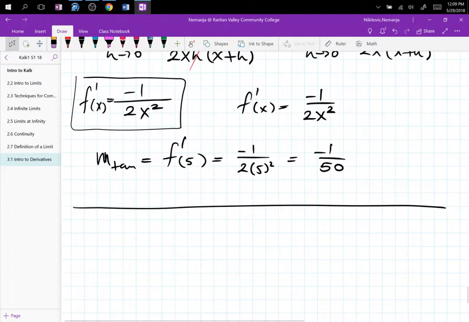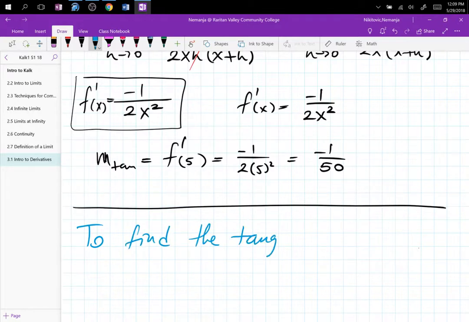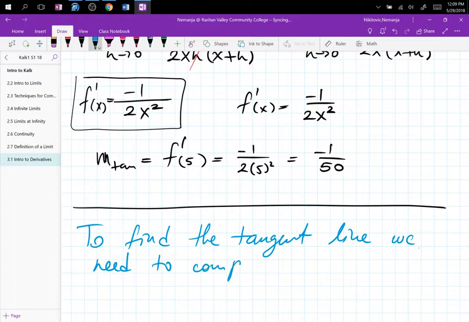Now, to find the tangent line, we need to compute b, right? Because we have y equals mx plus b.